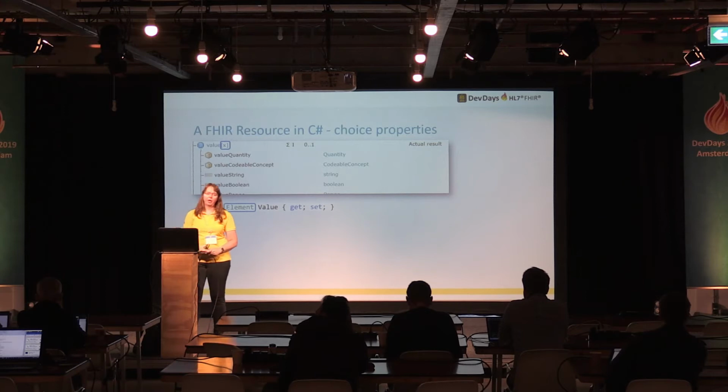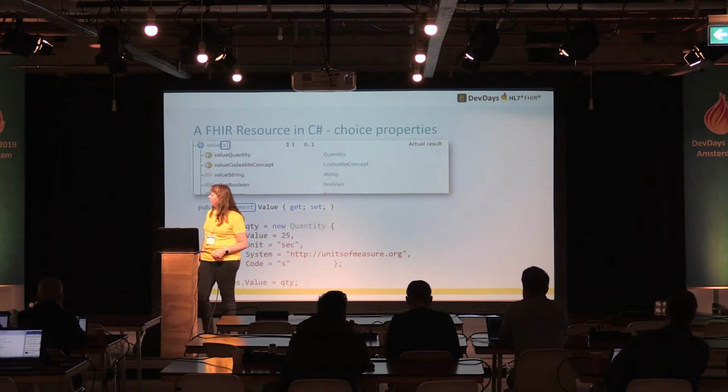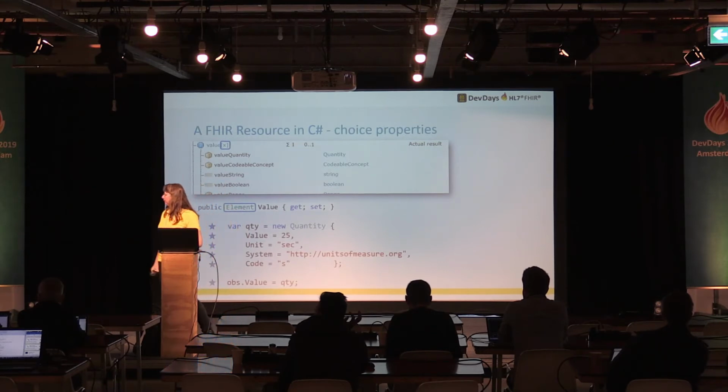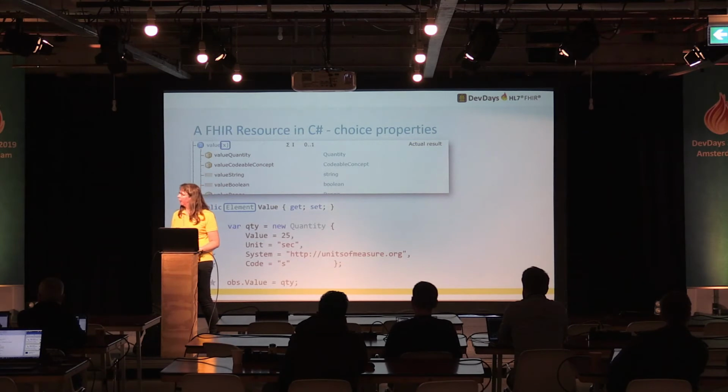All FHIR data types derive from the element data type, so that will work. In this case, you can see an example where I've first filled in a quantity, so I'm creating a new quantity data type there, fill it in with values, and then I can just set observation.value with this quantity. Because quantity derives from element, this works, but you'll first have to create your own FHIR type and then use that inside of the field.